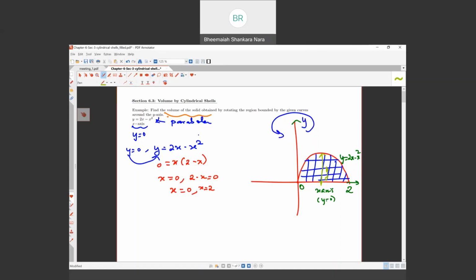So when we rotate the region bounded by the curves, all we get is this solid here. So we know the height of this region is y and the radius here is r.